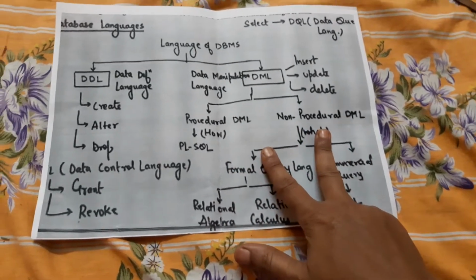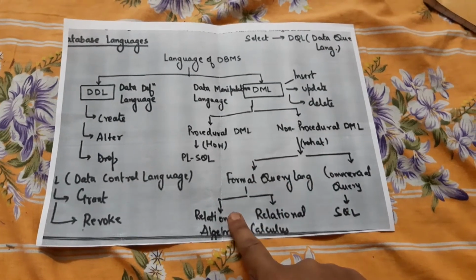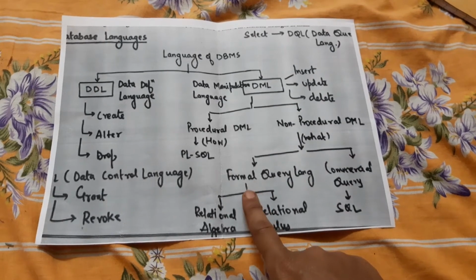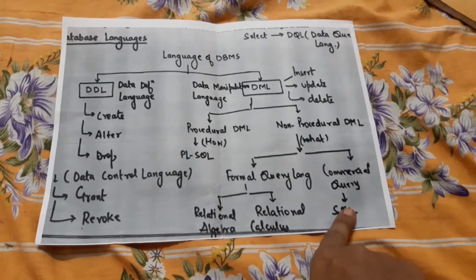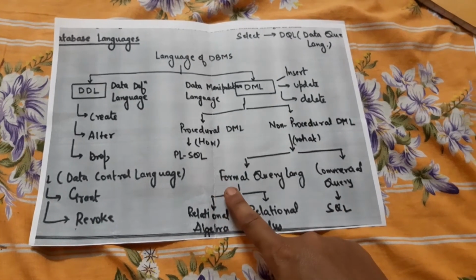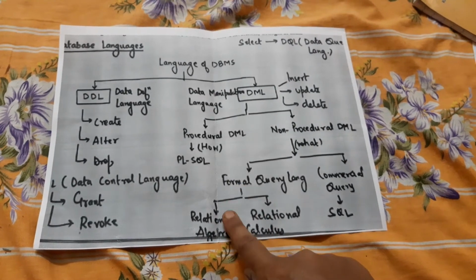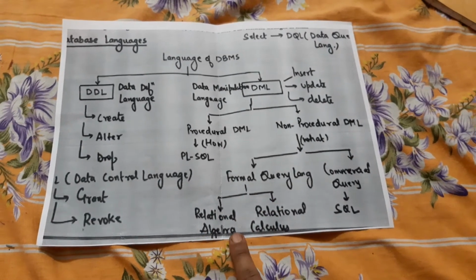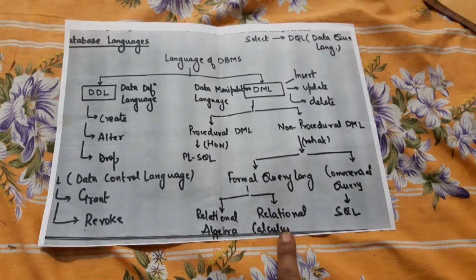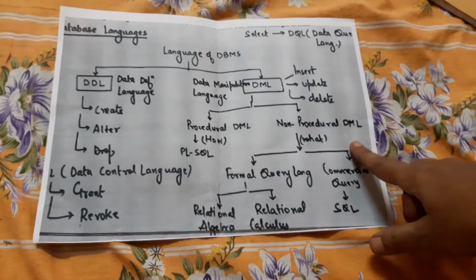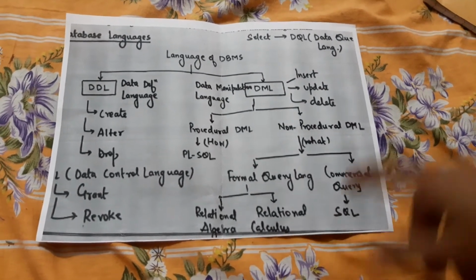Again, non-procedural DML is also divided into 2 types: one is formal query language, and another one is commercial query language. The examples of formal query language are relational algebra and relational calculus. In commercial query language, the example is SQL.